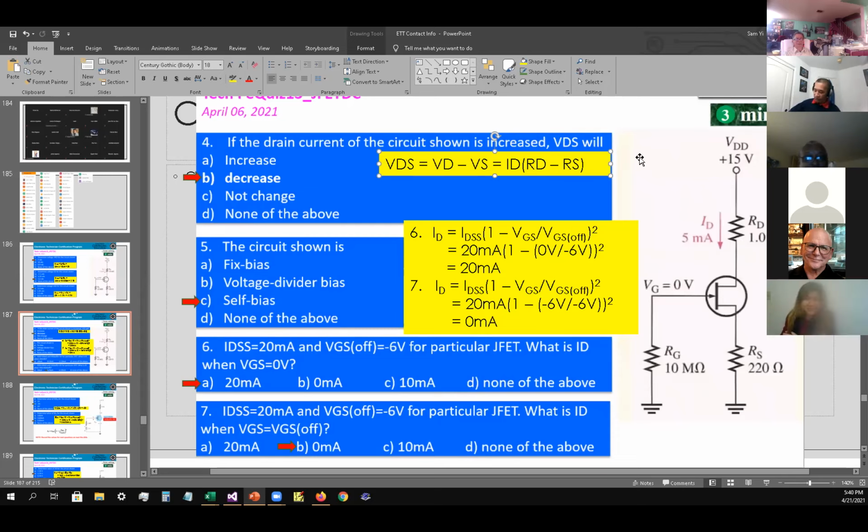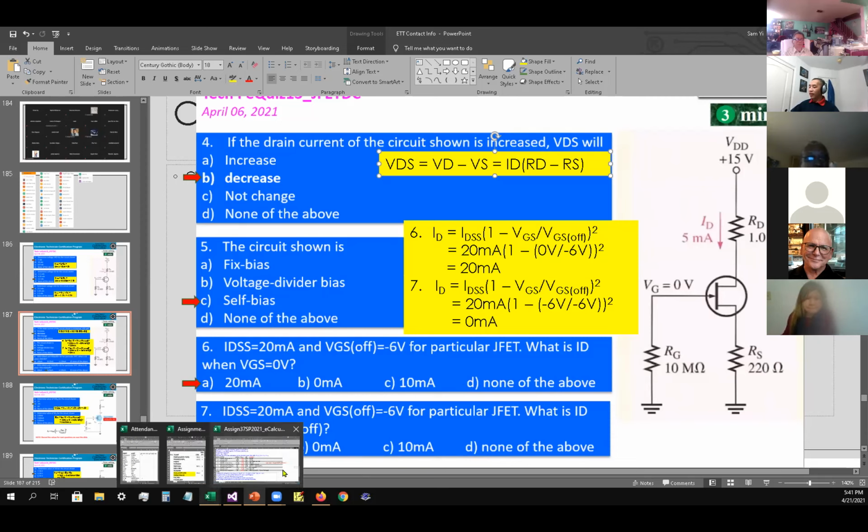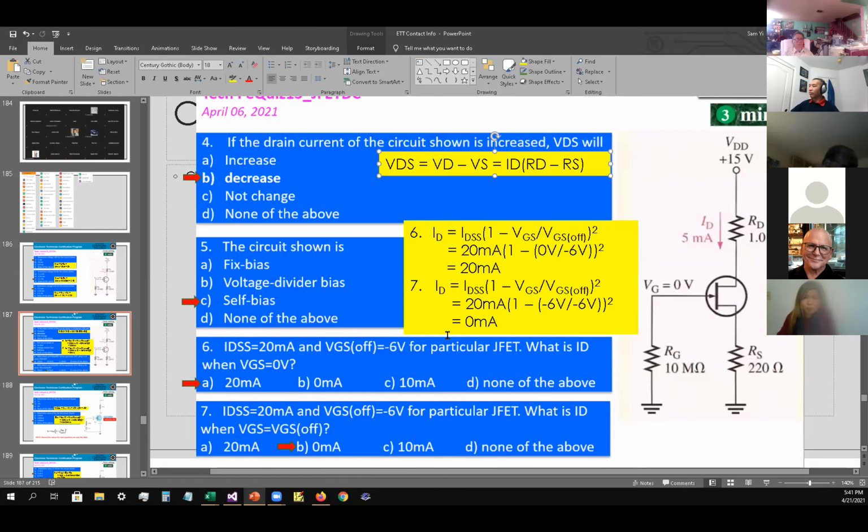You have to look at the picture showing the relationship between ID, VDS, and VGS. We're talking about a graph, where you get VGS equal to -1, -2, -3, -4.